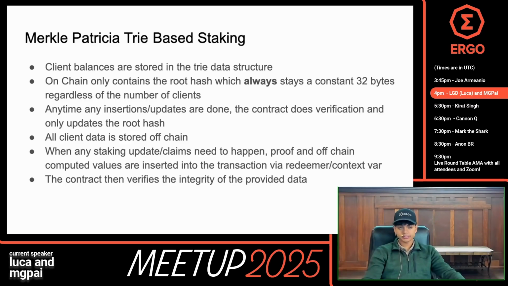So client balances are stored in this Trie-based data structure. And on-chain, in the contracts itself, only the root hash is stored. And remember, the root hash is a fixed size string of 32 bytes, because it's a hash.